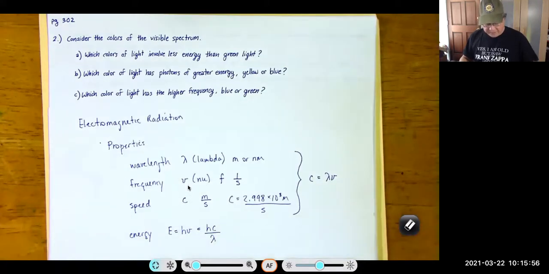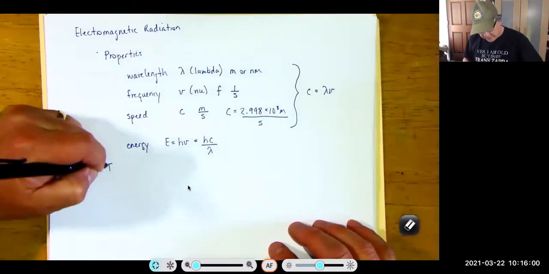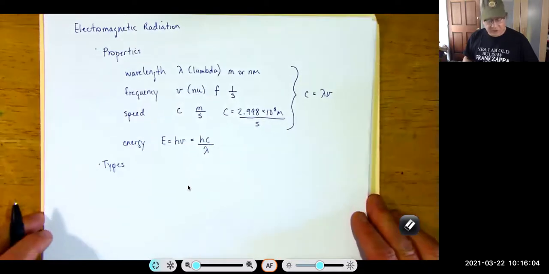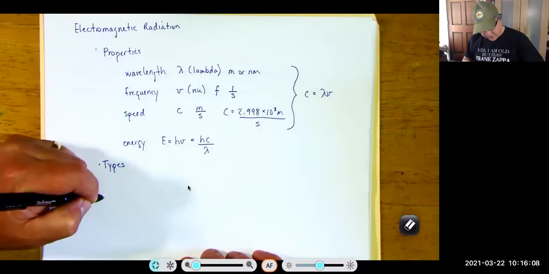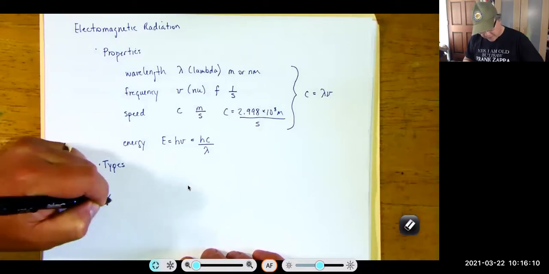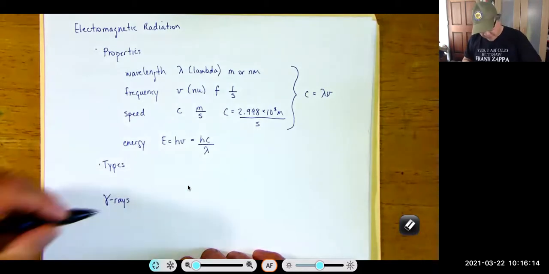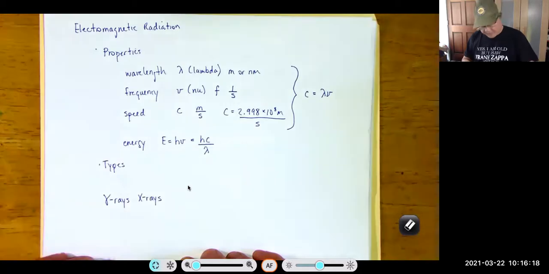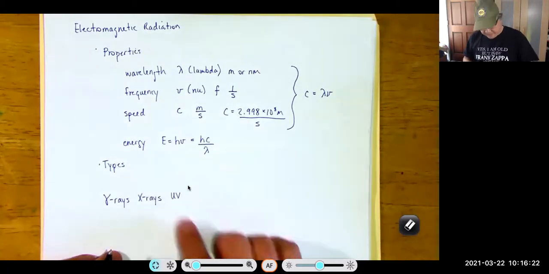Okay, so let's look at the types of electromagnetic radiation. The types of electromagnetic radiation are gamma rays, so this is the symbol for gamma. We have X-rays. We have ultraviolet light, so UV is the symbol for ultraviolet light.